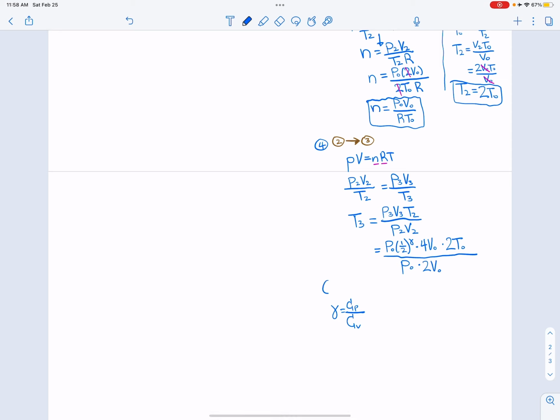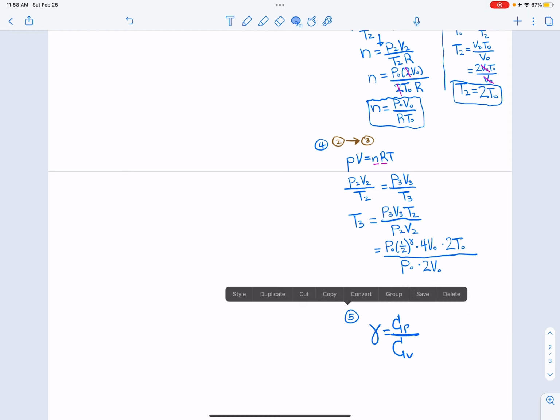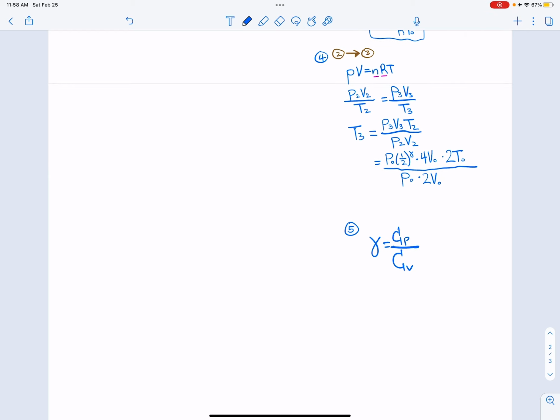Okay, so side quest number 5. What do we know about Cp? I'm looking at my notes right now. This is in chapter 19.7, molar heat capacity for ideal gases.